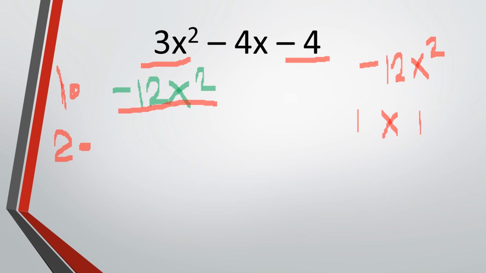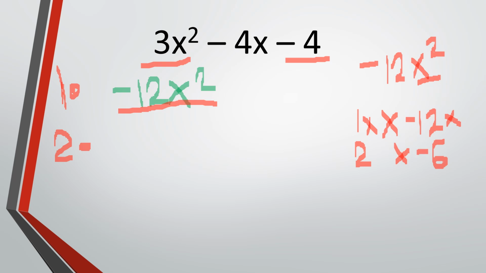Now, let's start with 1 times 12. The greater number is 12, then that will make it negative. Since we have here x squared, that means we have x and x. Aside from that, we also have 2 times 6. The greater number is 6, then that is negative.